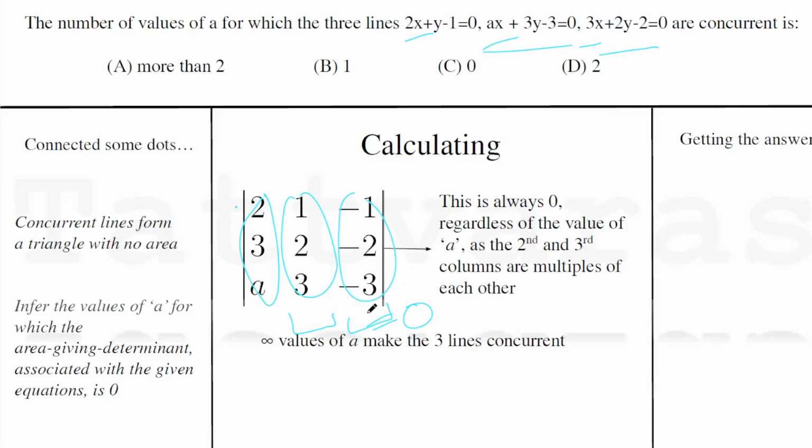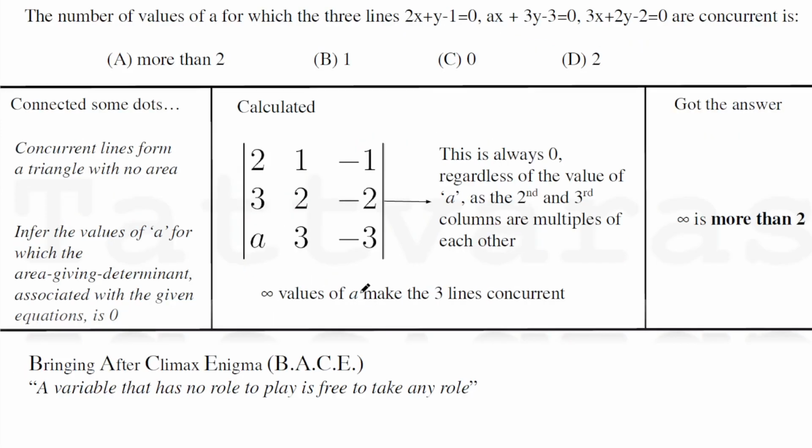And that's it. There are infinite values of A which can give this 0 simply because A does not play any role. And because infinite values are more than 2, so this is the answer.